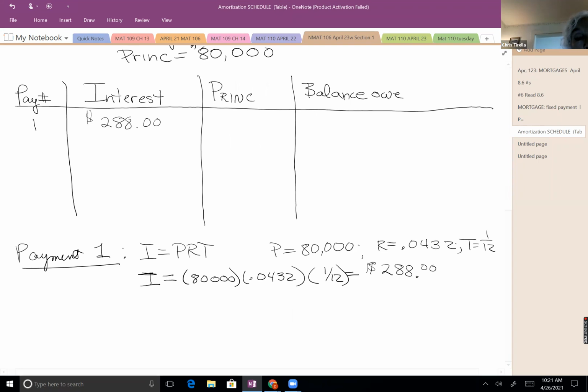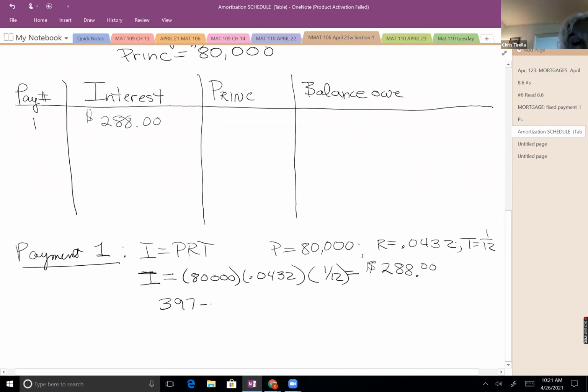Well, if $288 is principal and we are making payments of $397, when we do that subtraction, the only amount of that money that's going towards the cost of the house is $109. Do you see how most of the payment is going to interest and a smaller amount is going to pay for the house?